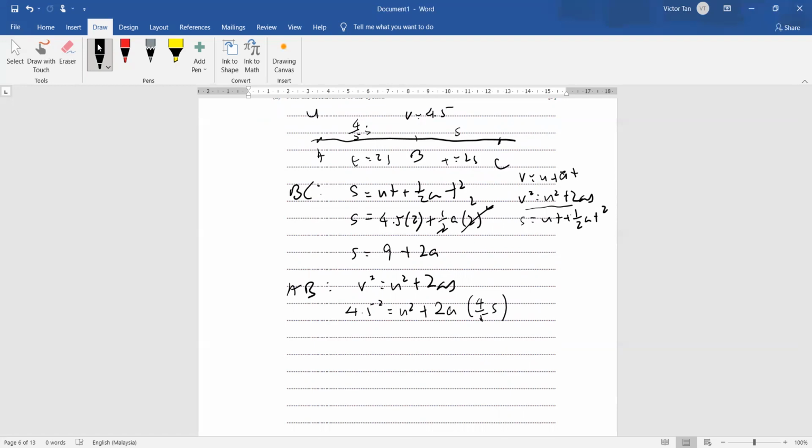This question seems a bit challenging. 20.25 plus U square is 8 over 5 A, and substitute the S, 9 plus 2A. You have to find a U to substitute.